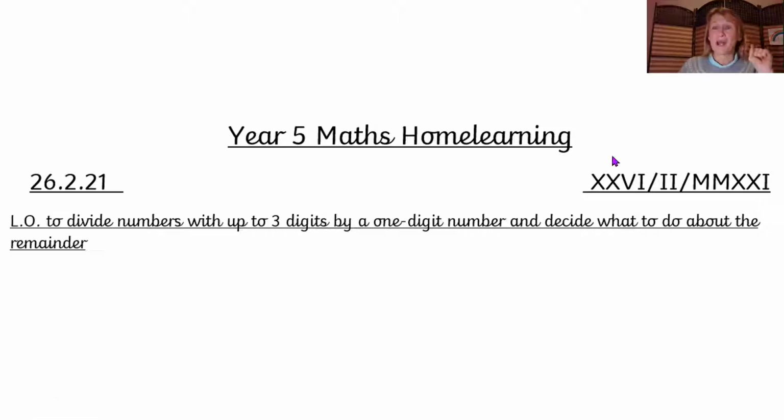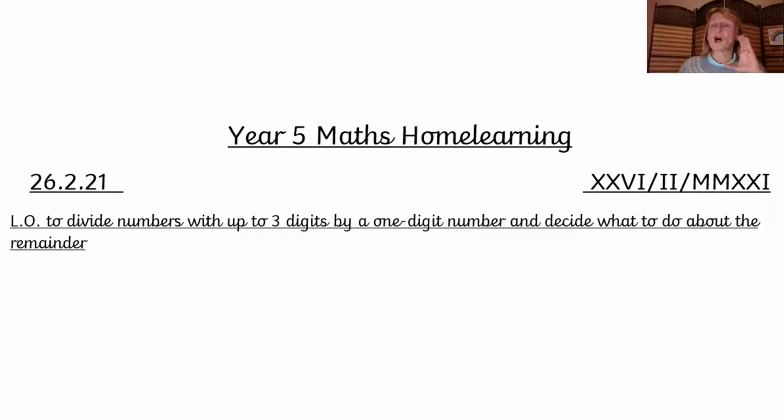Okay, so if you're back now, you have watched that video and you know how to calculate division with remainders. On your sheet, for each colour, there are some questions which are just division questions and they will all involve remainders. If you're green, you're only going to do the green section today.